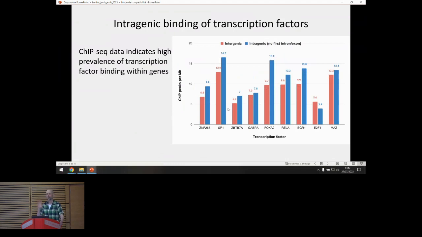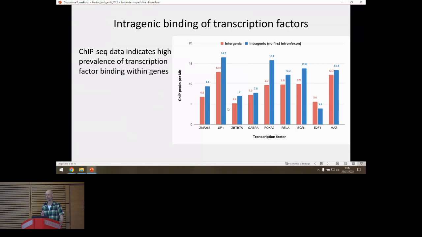Just as a teaser, we looked at ChIP-seq data of some of the transcription factors that we are going to discover later. What we found is that they have a lot of peaks inside genes.